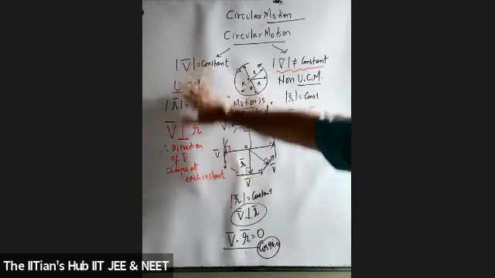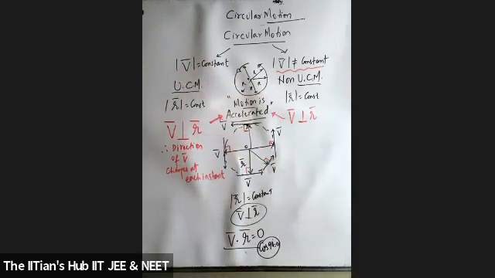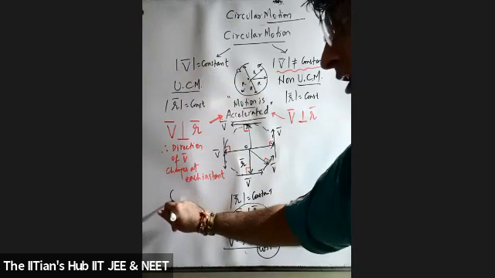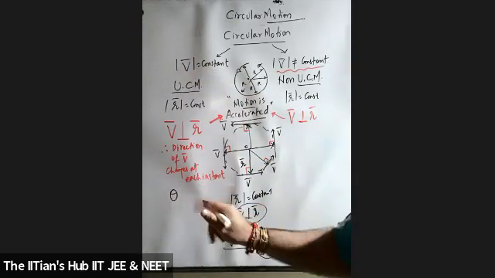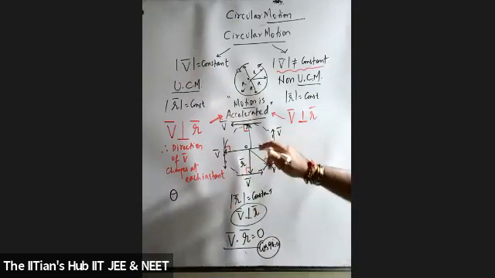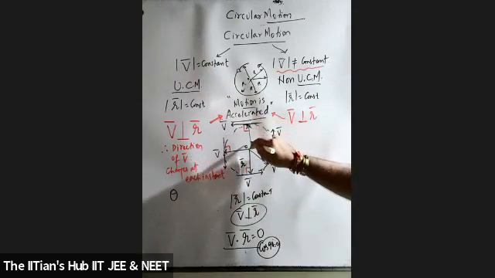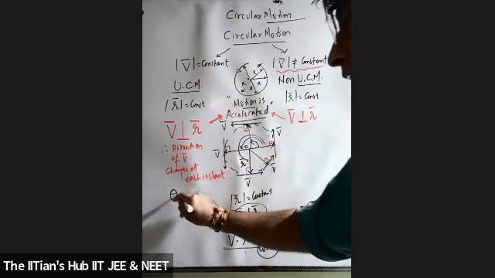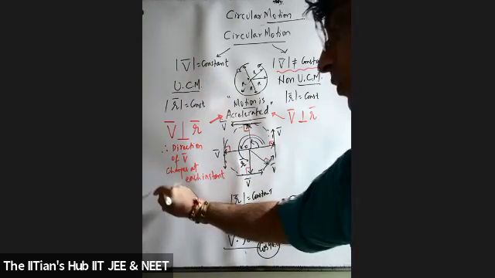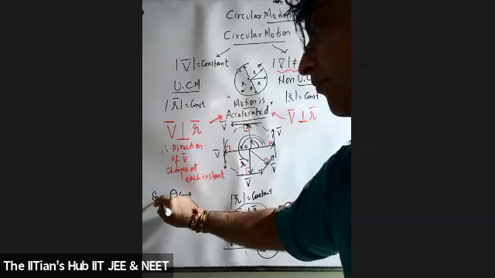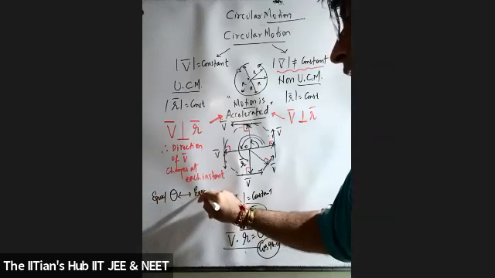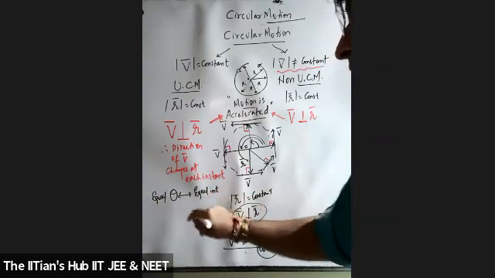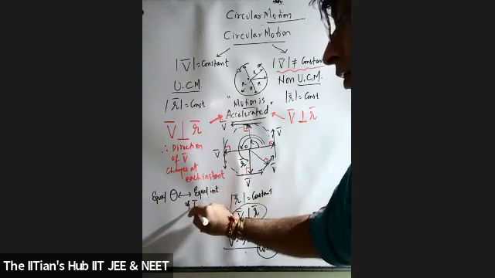Now students, देखो velocity remains constant. So what about the angular displacement? Students, theta traced by the particle during the circular motion. Suppose the particle starts from here and here, it traces equal theta in an equal interval of time.